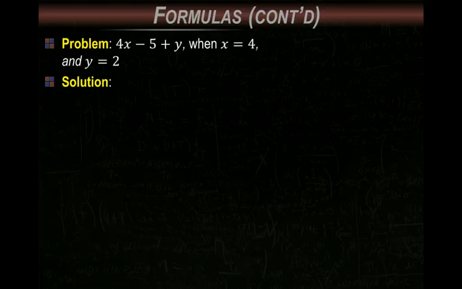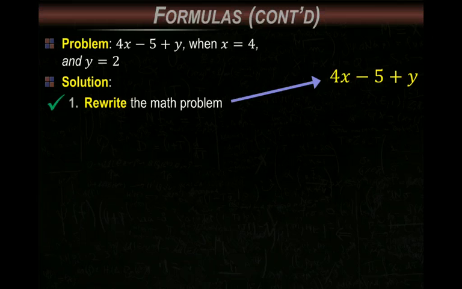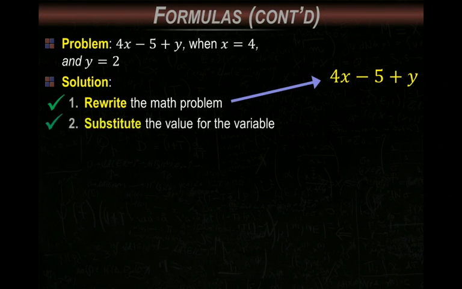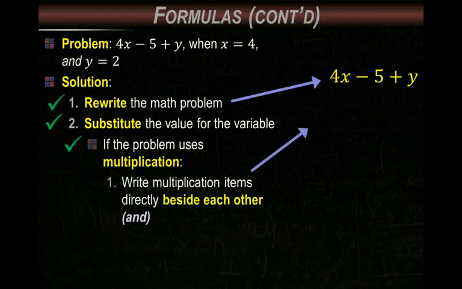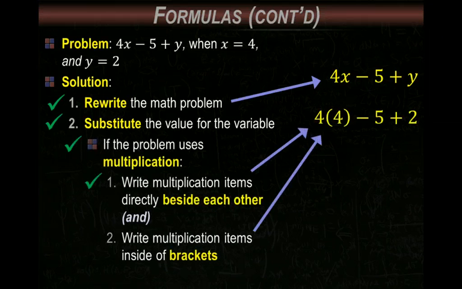So let's put it to work. 4x minus 5 plus y when x is 4 and y is 2. Let's follow the steps. 1, rewrite it. 4x minus 5 plus y. Step 2, we're going to substitute. Now, in this one, we do have multiplication happening. We know that because these things with the variable are written beside each other. So we use brackets. 4 times 4 minus 5 plus 2.